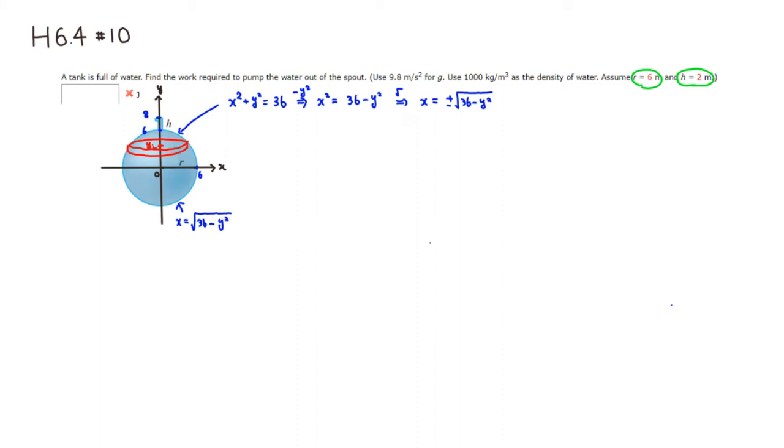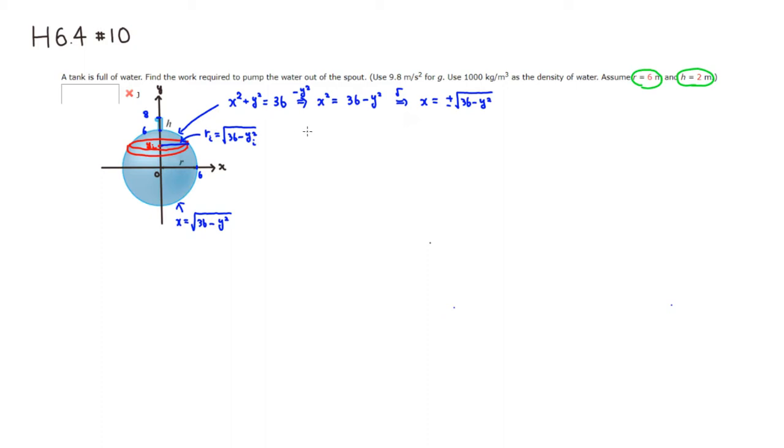If you want to find the radius of this cross section, I'm going to use a different color here. From here to there, that radius is going to be radius i. It's the square root of 36 minus yi squared.